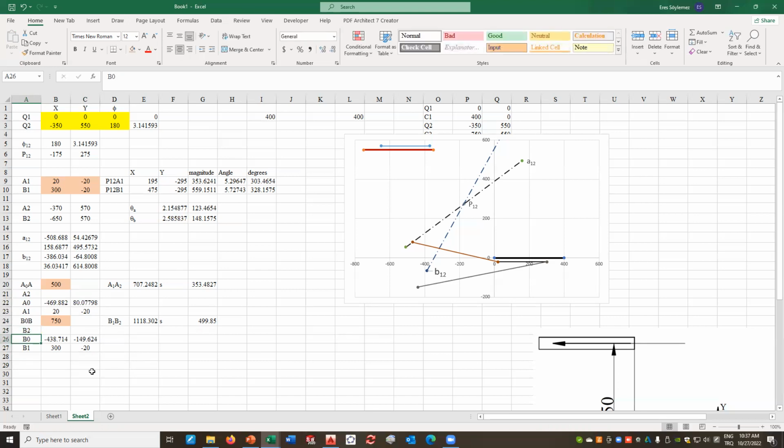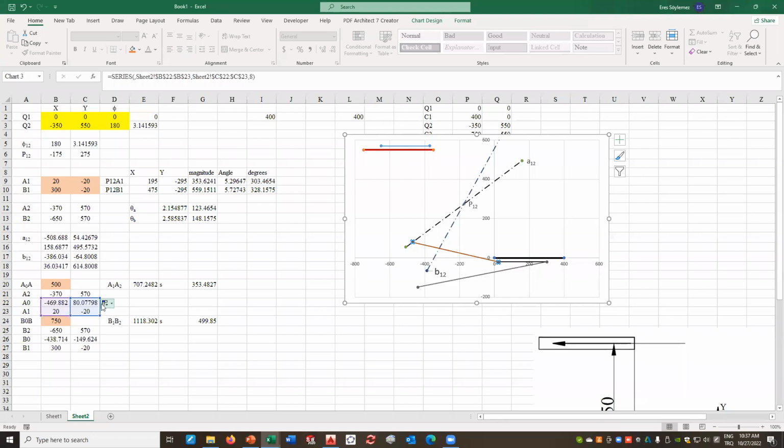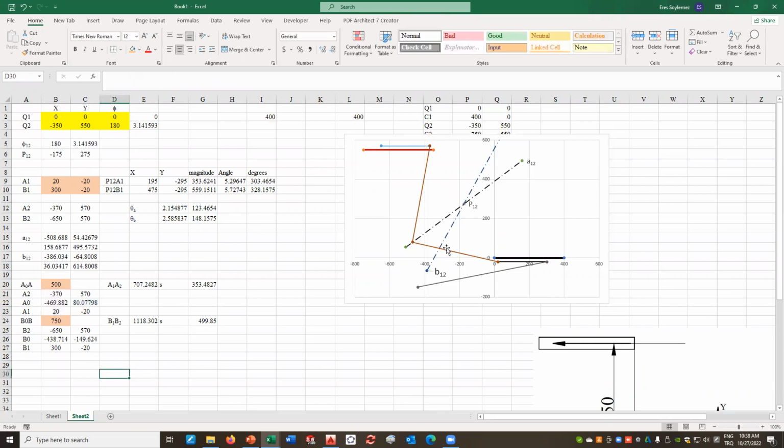B2. Correct? Now, what I will do is, this is a simple trick. Pull this series up 1 so that it includes A2, B2. Okay?